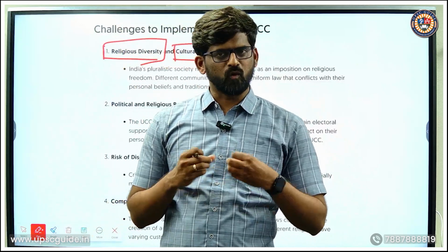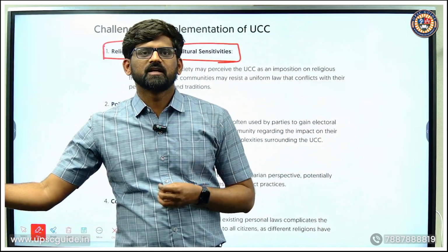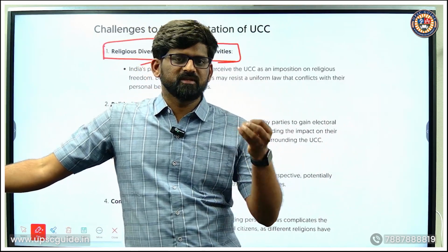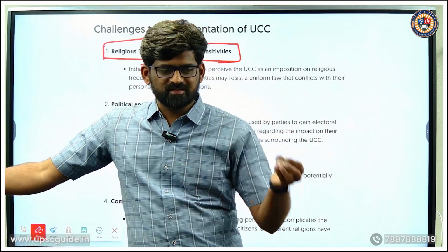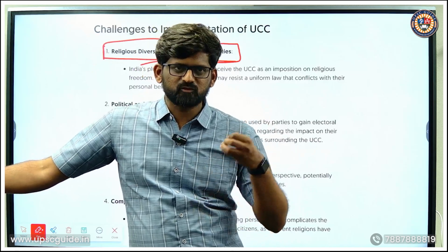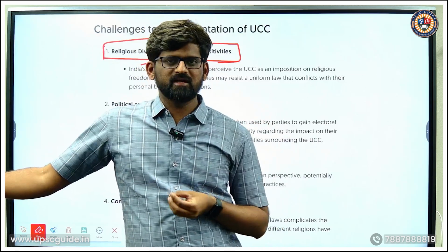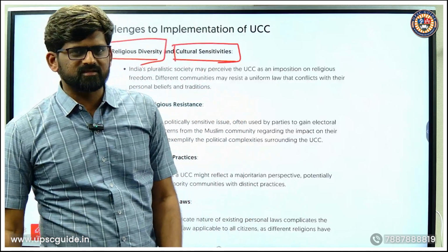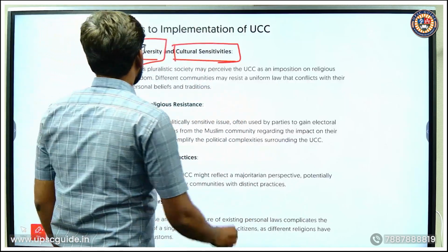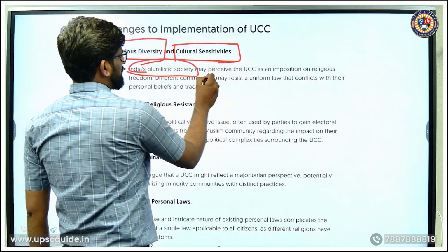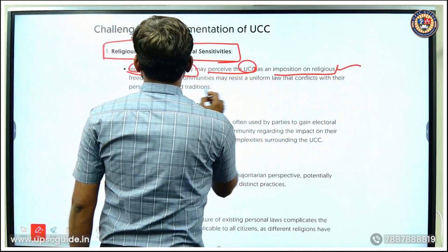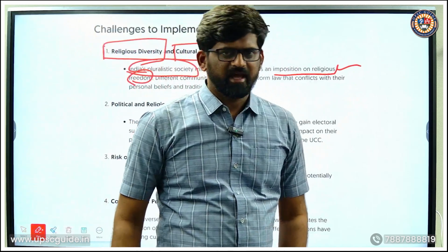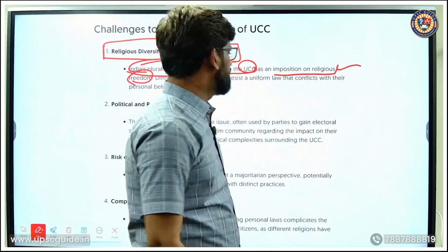It wants everyone to maintain their own unique identities, to protect their identities and cultural practices. That is why we have the right to religious freedom, Articles 25, 26, 27, which promote religious freedom. So India's pluralistic society may perceive UCC as an imposition on religious freedom. Different communities have their own practices, and there is a possibility of resistance.